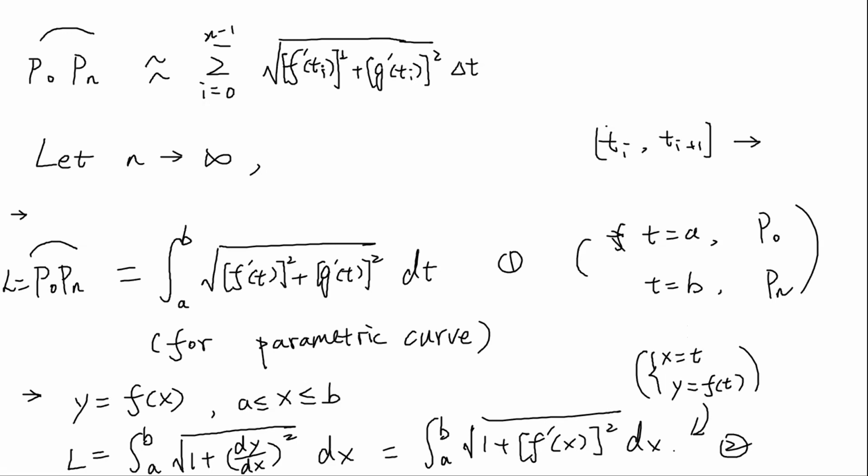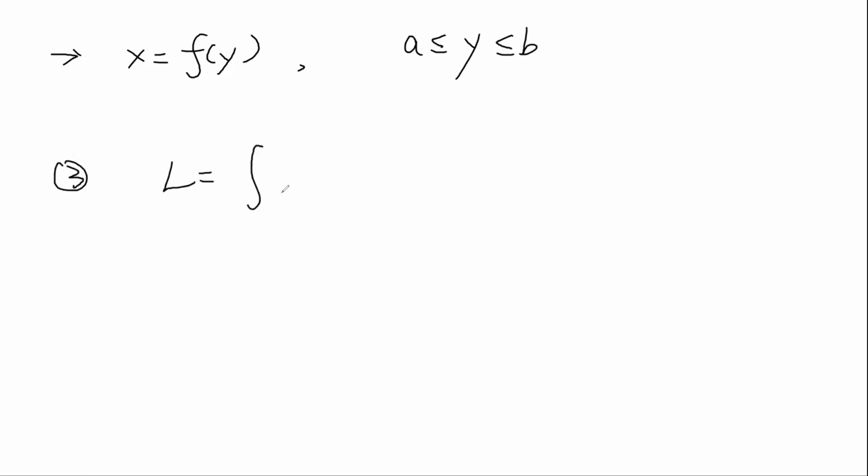And then there's one more way to represent a curve: x is equal to f of y. Now let's assume y is from a to b. Then the arc length, L, is equal to the integral from a to b of the square root of, now it's dx/dy, so it will be f prime of y squared plus 1 dy.